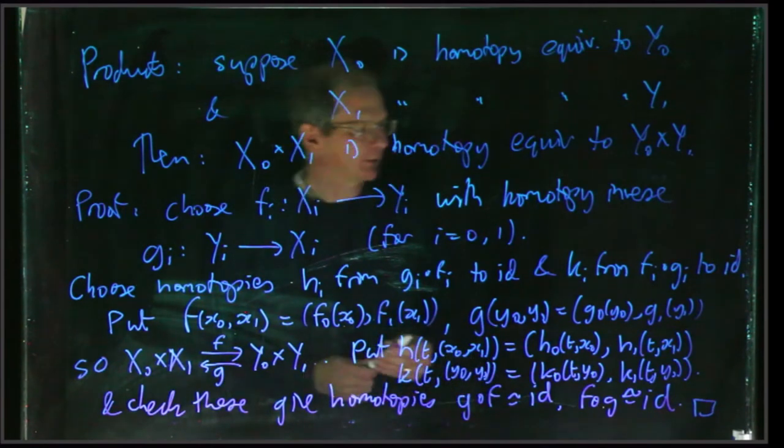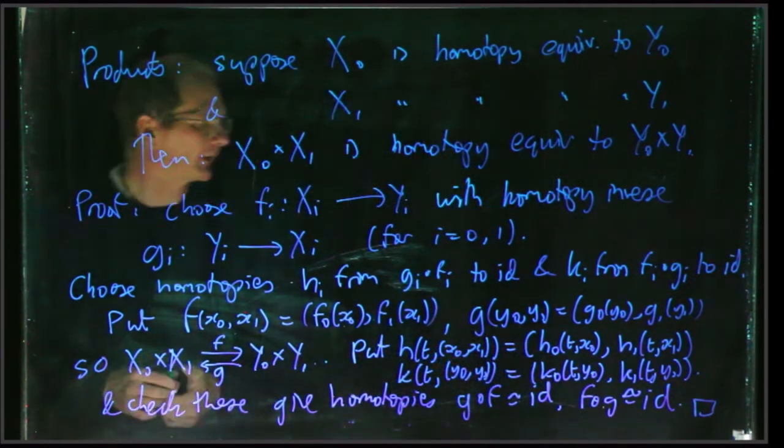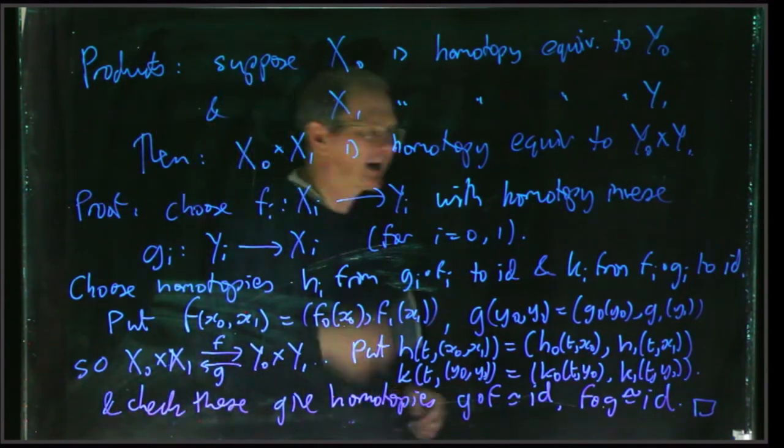Okay, so being homotopy equivalent is an equivalence relation, as we proved on the last screen, and it is also compatible with products.